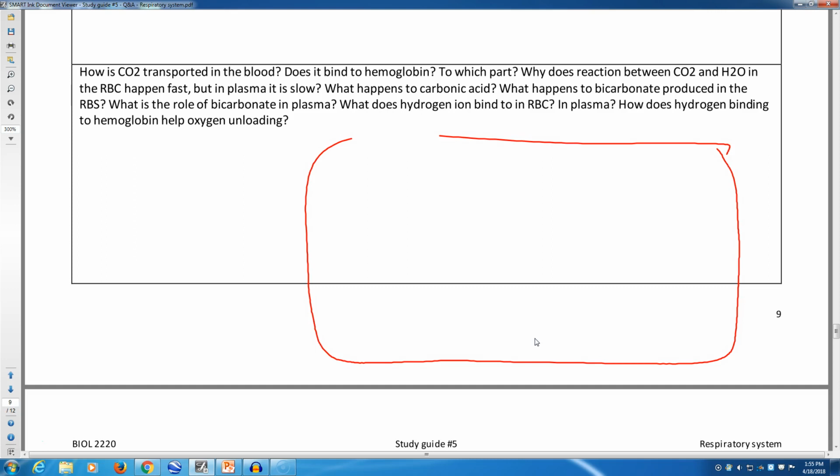So CO2 can interact with water and form carbonic acid. And carbonic acid will dissociate into bicarbonate and hydrogen.